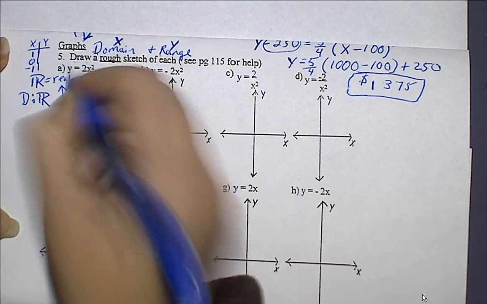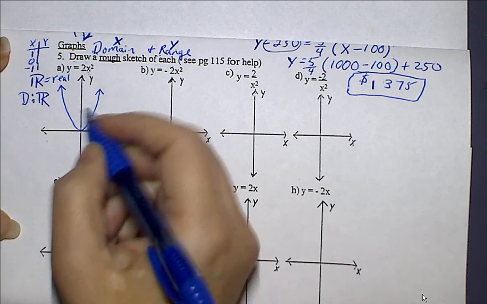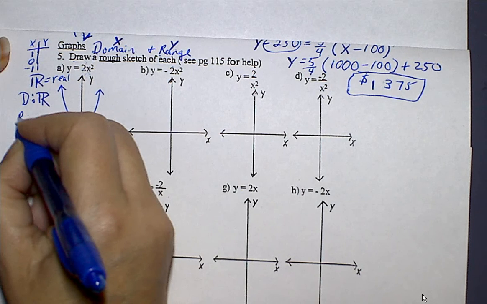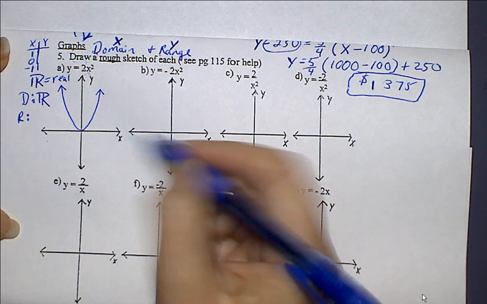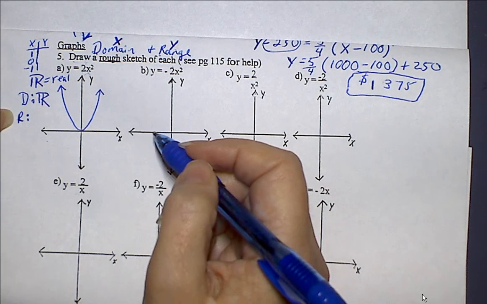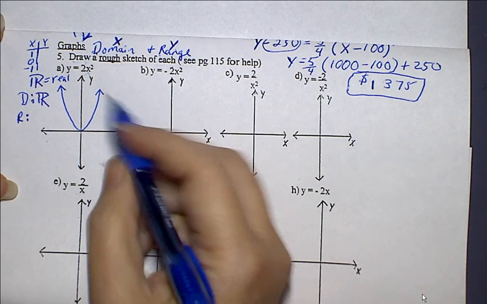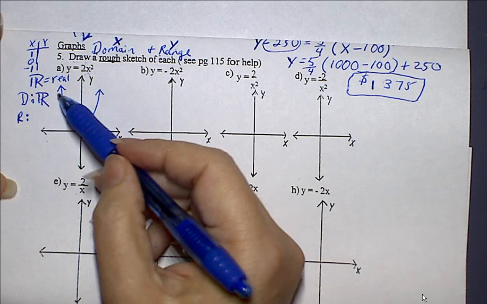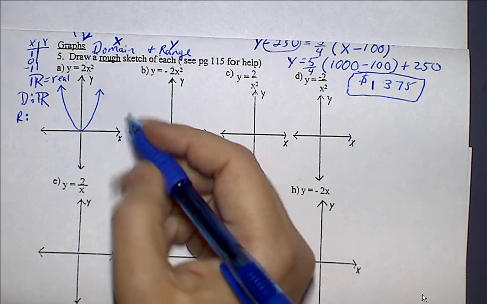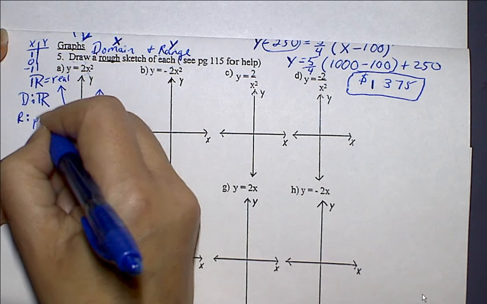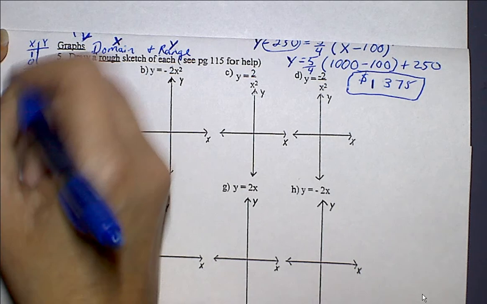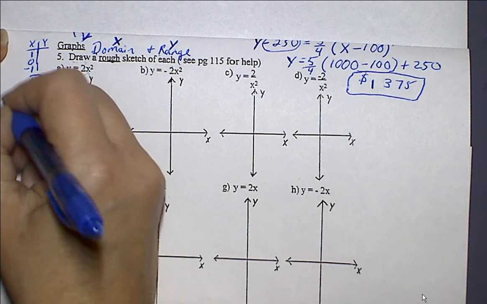Then your range, which is a capital R, but there's only one. See how this has 2 lines, that has just 1? So your range, what are my y values? Well, my y values are positive. So then it's positive real. Remember that your domain is your x and your range is your y.